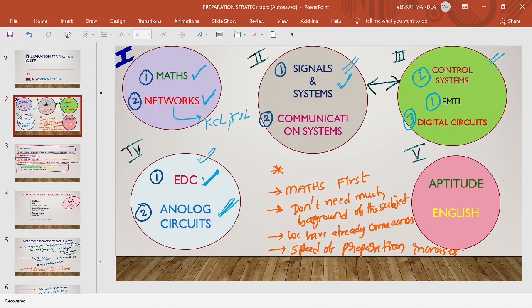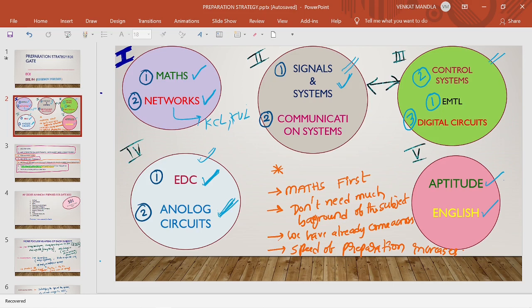And coming to the fifth block, aptitude and English. I cannot discuss much on this because in the exam you're getting simple questions. So you don't need to prepare that hard for this subject. But you cannot neglect aptitude and English because it carries 15 marks.